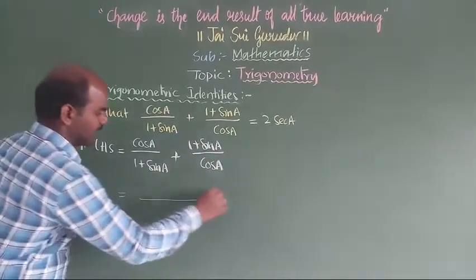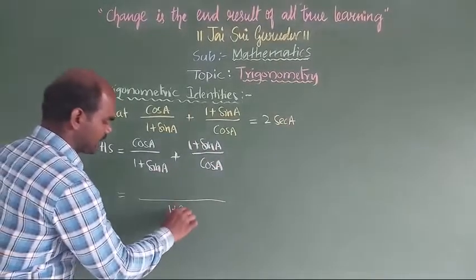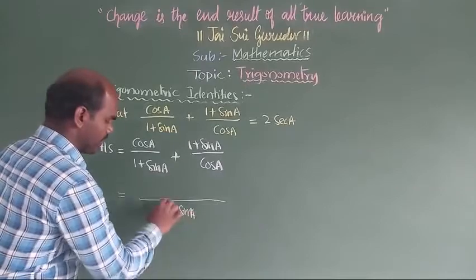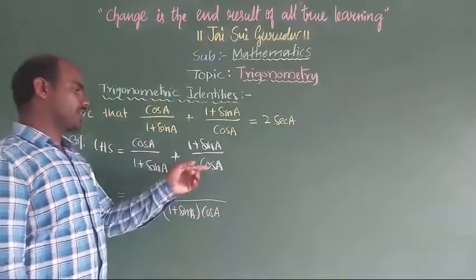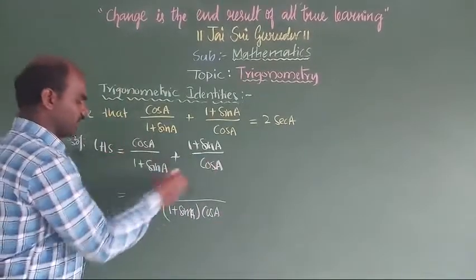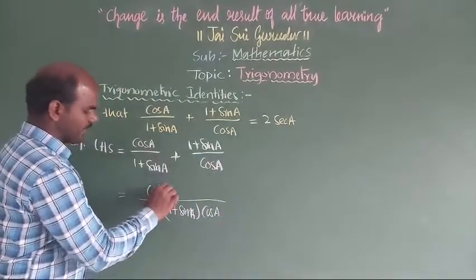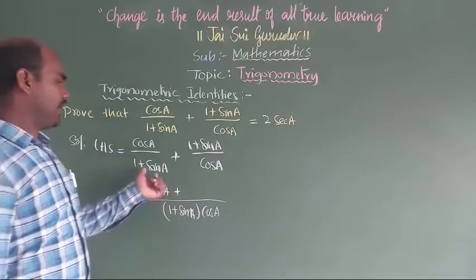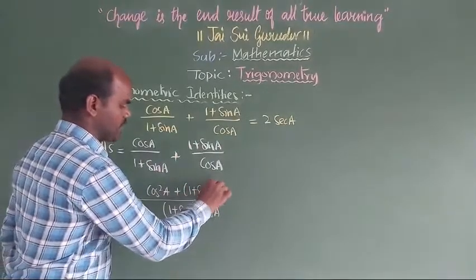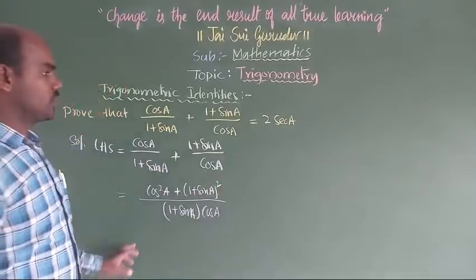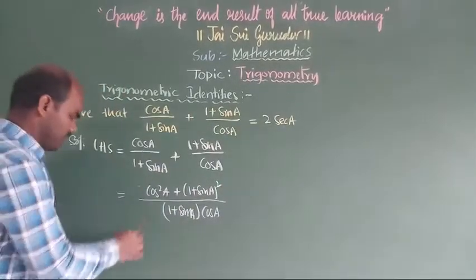That is 1 plus sin A into cos A. Yes, so then by cross multiplication, cos A into cos A will become cos square A plus 1 plus sin A whole square. Yes or no, children?